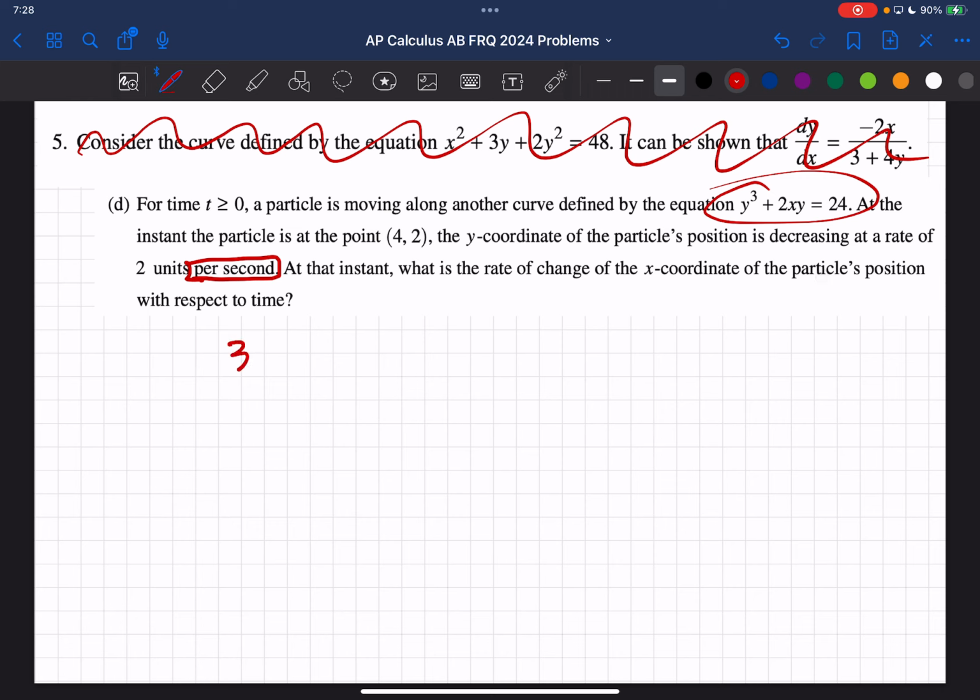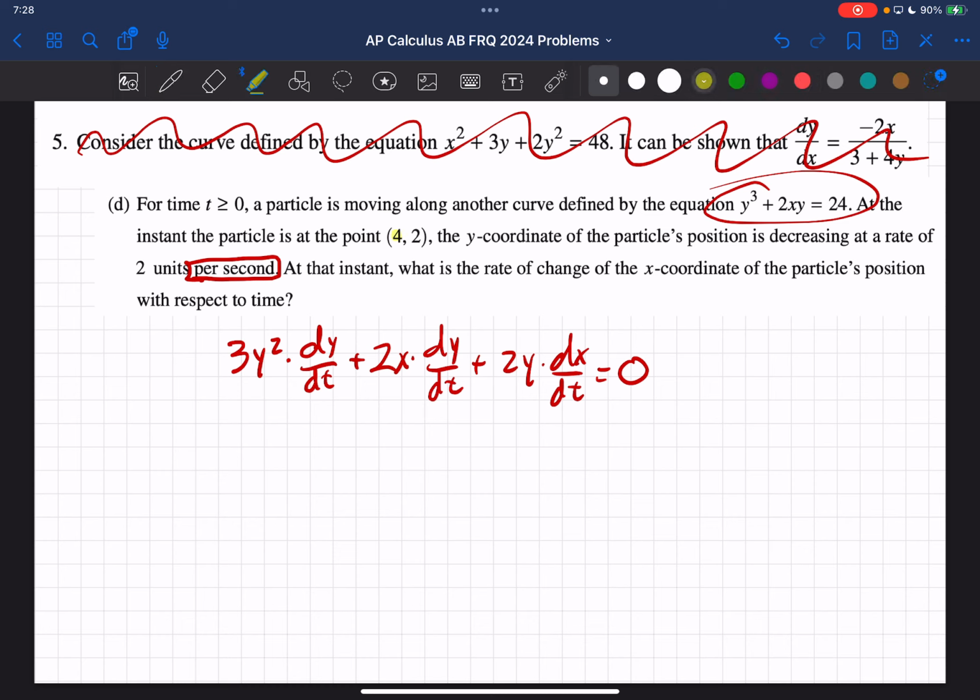So when I take the derivative, 3y squared times dy dt. And then for the second term right here, this is product rule. So this is 2x times dx dt plus 2y. Whoops, did that wrong. I left x alone, I find the derivative of y. And we're left with 0.